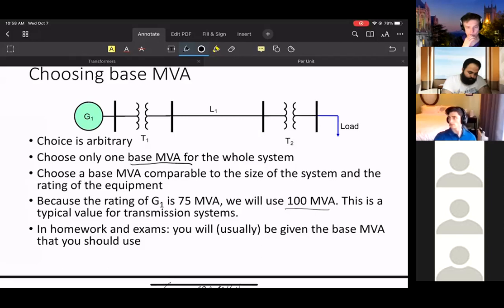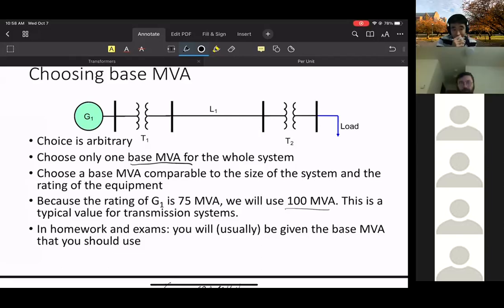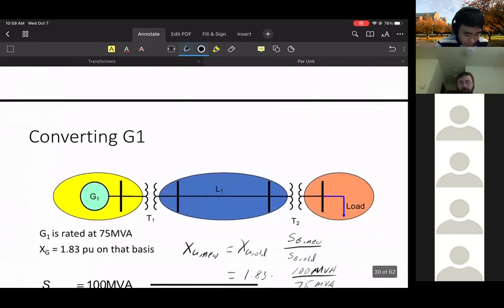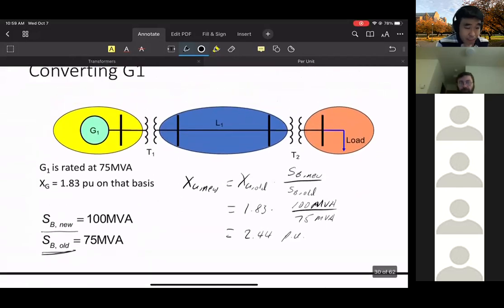Sometimes the software will choose one for you. In your homework, I will choose one for you. This time, I chose it to be 100 MVA. The rest is no more choices, right? We just need to do calculation. So this is converting generator one. Any other questions on this?